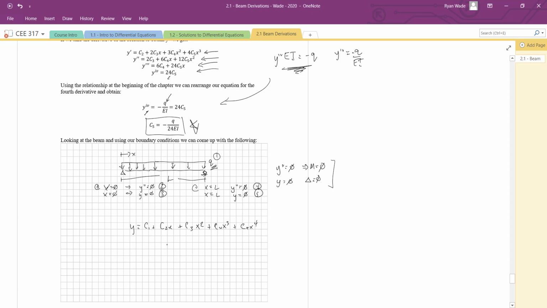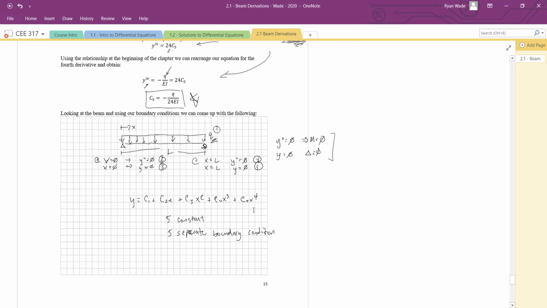If I have 5 constants, I need 5 separate boundary conditions to solve. It's kind of like using the equations of equilibrium to solve for a structure: you need as many equations as you have unknowns. We need as many boundary conditions as we have constants.